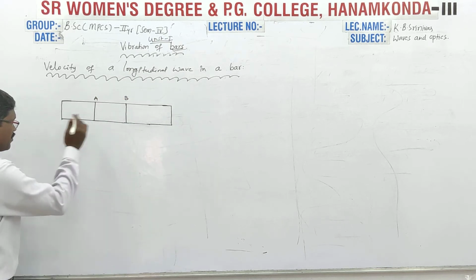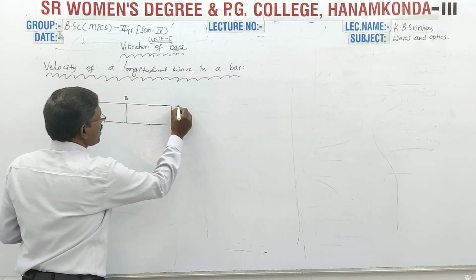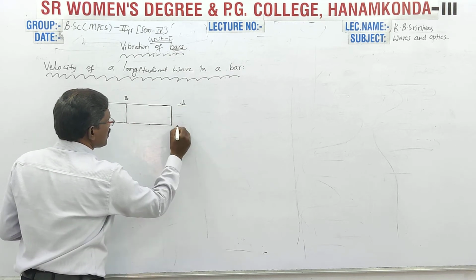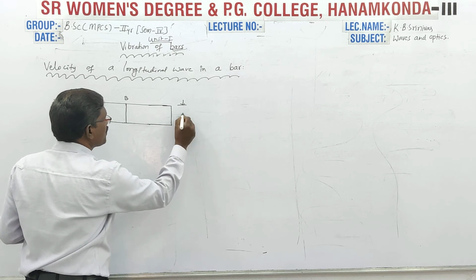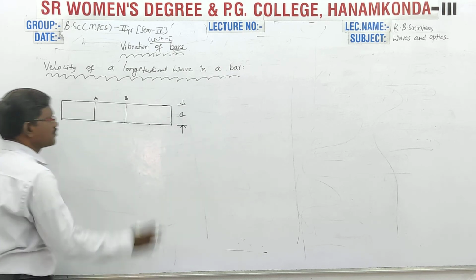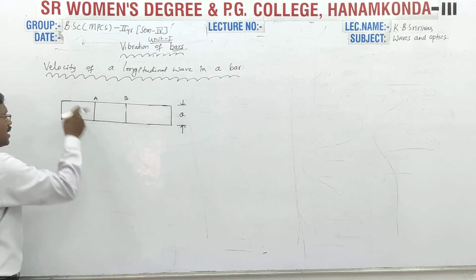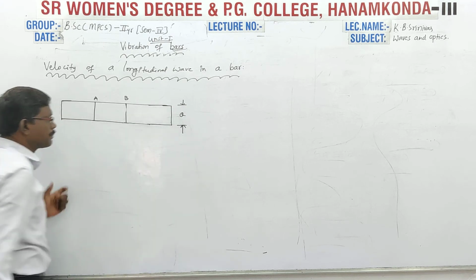And this plane, what is the area of cross section of this bar? Bar is having uniform area of cross section, that is small a.